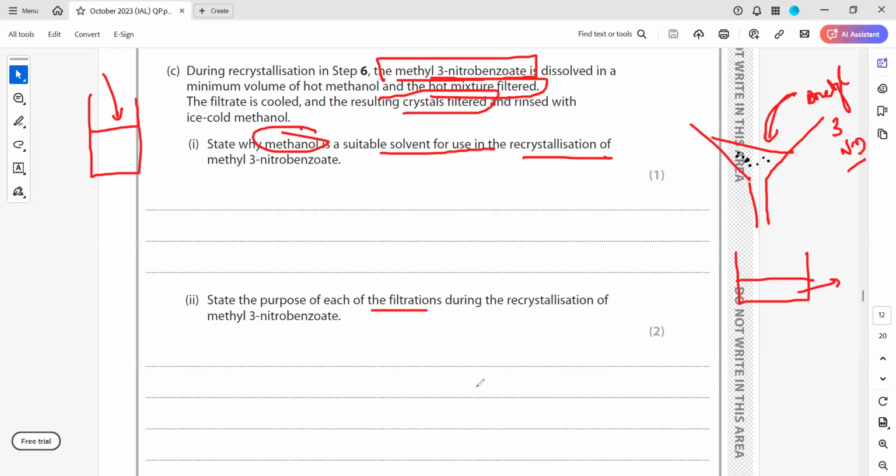So that the insoluble substances are left on the filter paper, and what passes through the filter paper is the filtrate. So the main purpose of the hot filtration is to remove the insoluble impurities.